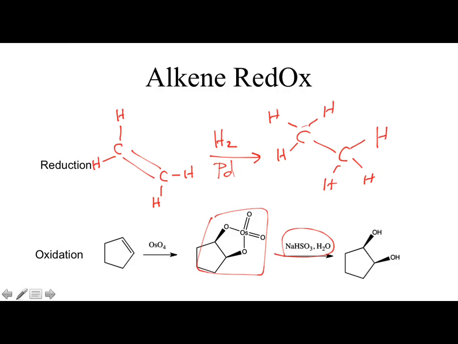And we end up with the diol. You're responsible for knowing that those reagents do that conversion. You're not responsible for knowing a mechanism. Hence, I'm not showing you a mechanism. Questions about your alkenes? Because I think that's the last of the alkenes.